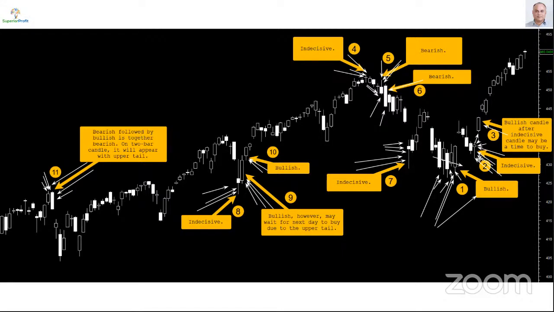Then here we see indecision followed by bullish. This kind of pattern forms all the time on the daily interval and also on, let's say, 30-minute, 10-minute and 5-minute intervals. And that is why we keep an eye on the candle shapes to see whether we are going to get ready for a trade.